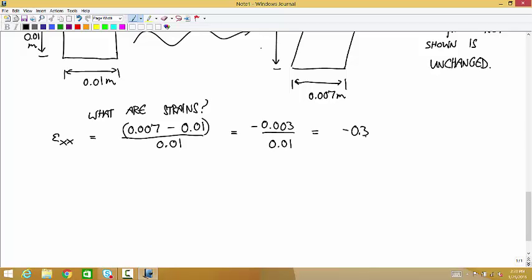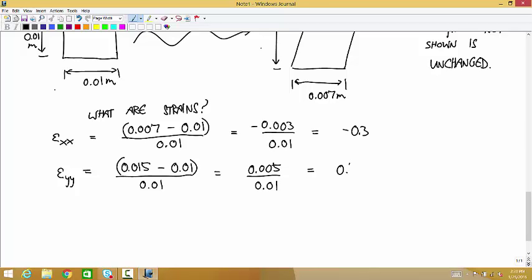What are the units? That's right, no units. And then the YY strain, that's the deformed 0.015 minus the initial 0.01 divided by the initial. And so you get a value of 0.005 divided by 0.01, so positive 0.5.